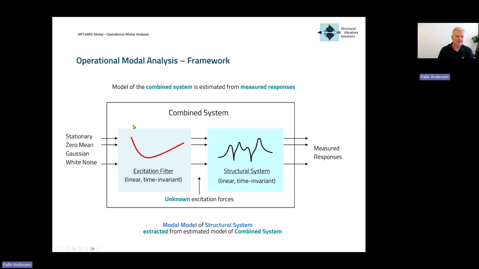And we also have similar kinds of assumptions about how the input forces are actually looking.